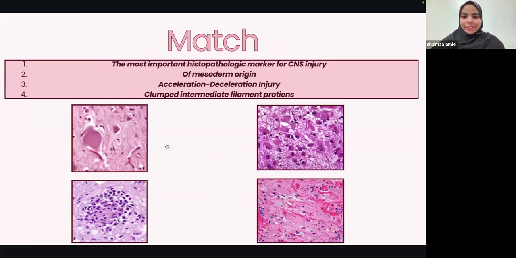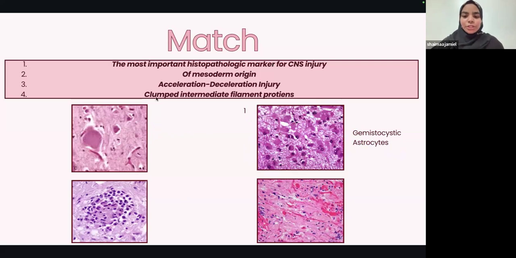Okay, so D can be a correct answer, but there's something even more correct here. Yes, it's this one, where you see astrocytes, which is gliosis. Gliosis is the most important histopathologic marker for CNS injury. It can be anything, and you might find gliosis.